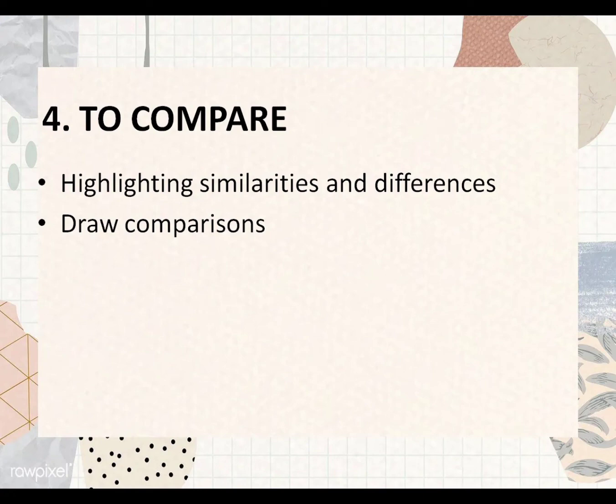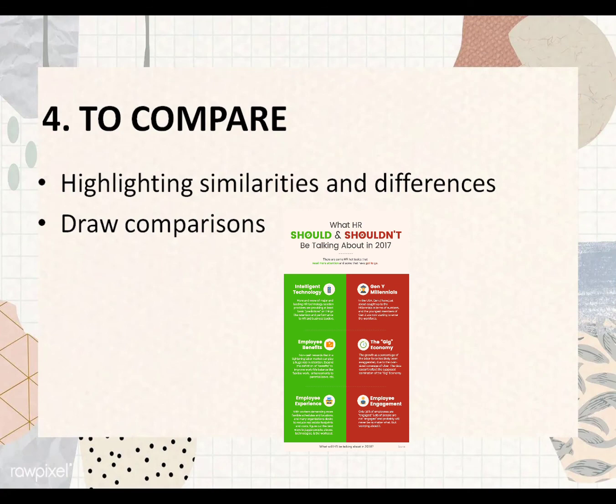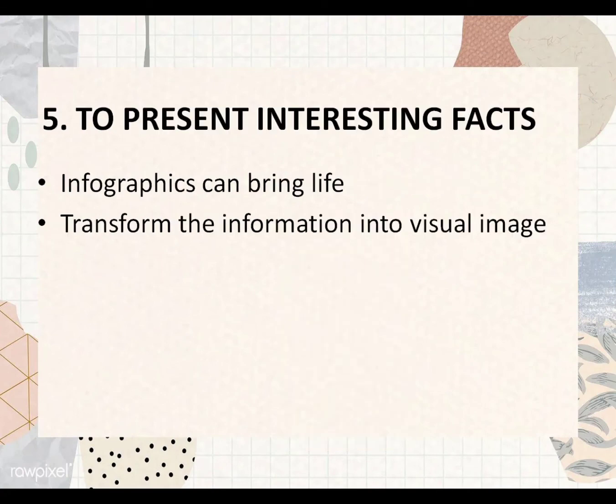It is easier to draw comparisons with the same information neatly organized. When information or facts are presented all in words, the use of infographics can bring life. If done well, the infographics can transform the information into a visual image that can attract and engage readers.